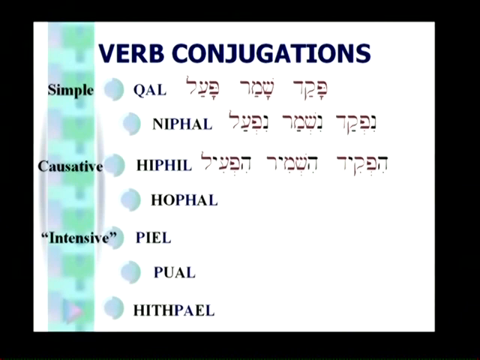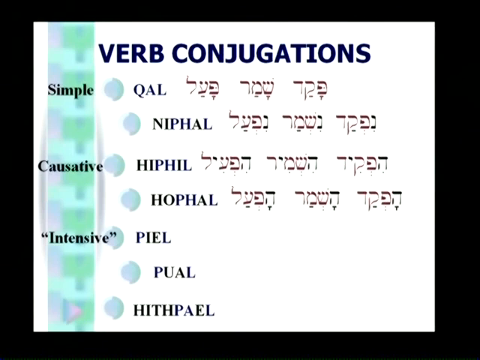Hishlik, he caused to send. Hifkid, he caused to visit. Hishmir, he caused to keep. The same sound: the he and then the internal i, the hirik yod. Hofal is the passive. Hofal, he was caused to make. Hoshmar, he was caused to keep. Hofkad, he was caused to visit.